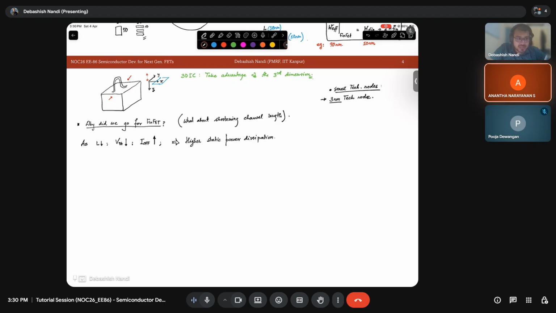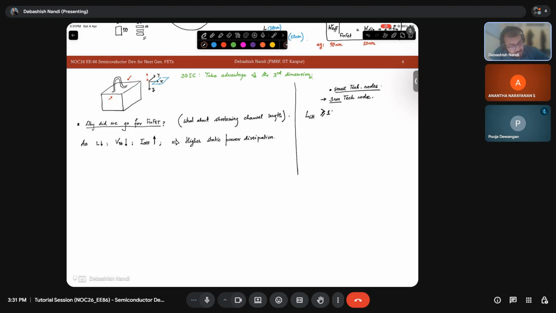No, that is the wrong concept. What most of us have been learning for a long time, right? Think of it in this way. It is very important to clear this misconception. Channel length, LCH, there is a hard limit: it has to be greater than or equal to 10 to 12 nanometer.